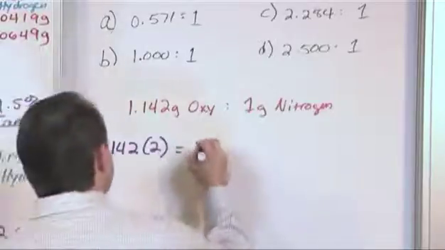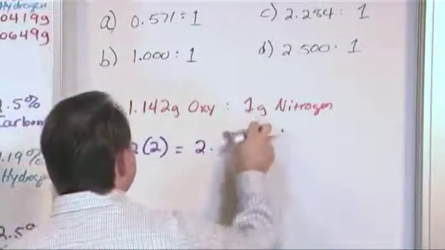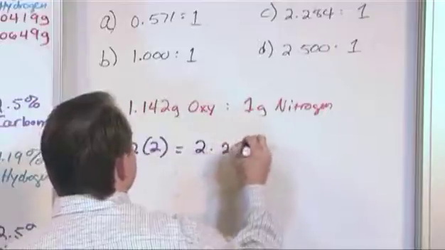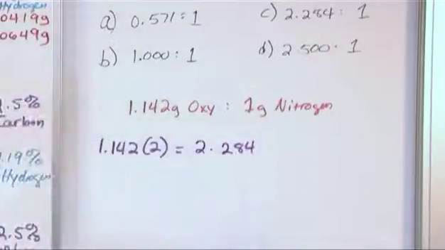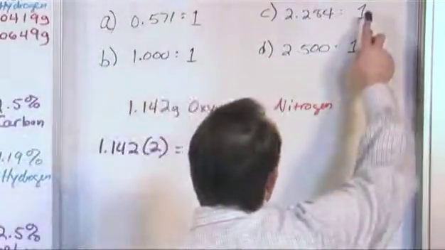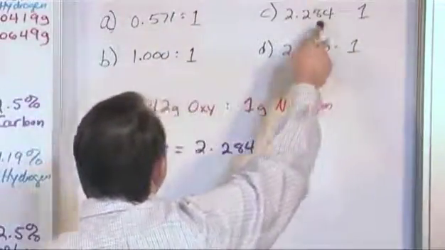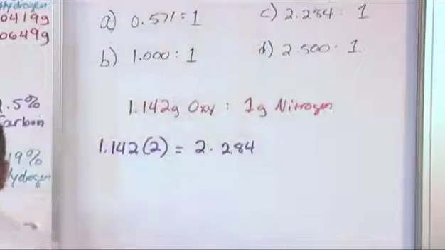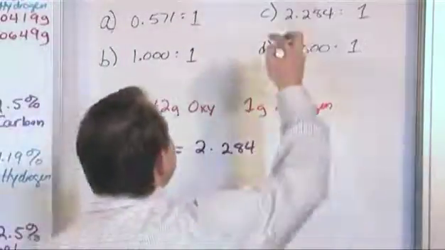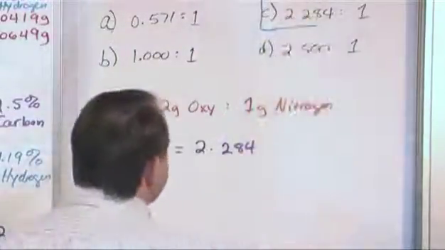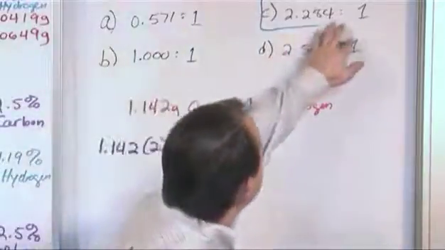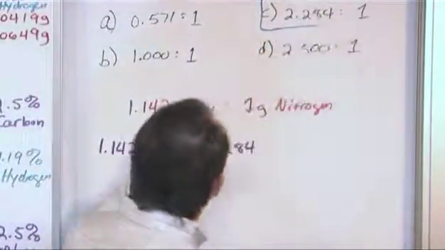I'm going to get 2.284. So if I look up in my list, I'll see right away I do have another candidate, 1 gram of nitrogen to 2.284 grams of oxygen. So this is actually one of the valid oxides, because this mass ratio here is really a multiple of this one.